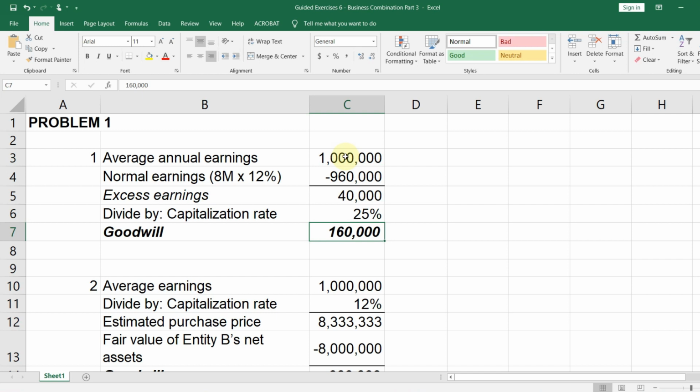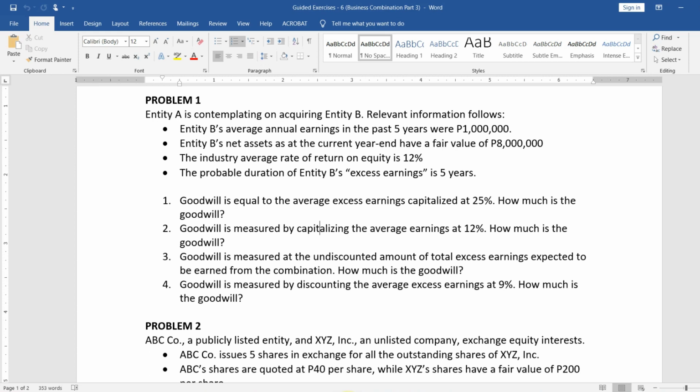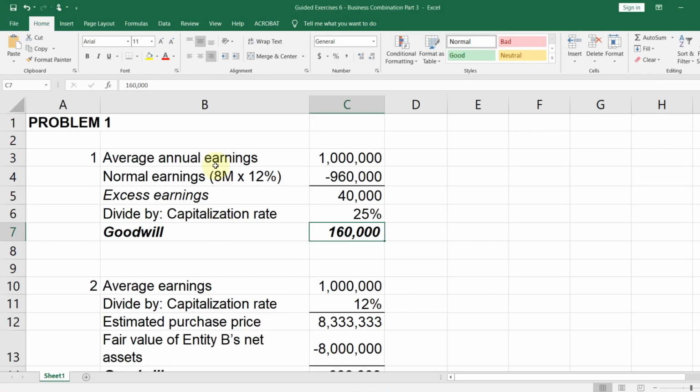So that's for number 1. Number 2, lock natin yung pinto kasi narinig ko ang maingay kapatid. Number 2 is, if goodwill is measured by capitalizing the average earnings at 12%, this one is average earnings naman, hindi average excess earnings. So the average earnings, 1 million, divide mo lang siya by the capitalization rate.